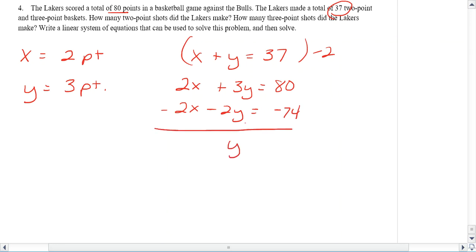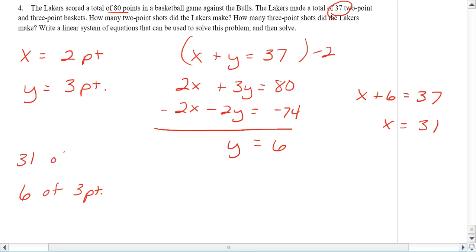So adding straight down here, and we would get 6. So we know now that we had 6 of the 3-point shots. Perhaps going back to that first equation, x plus 6 equals 37. Subtracting 6, we'd get 31. Therefore, they scored 31 of the 2-point shots.